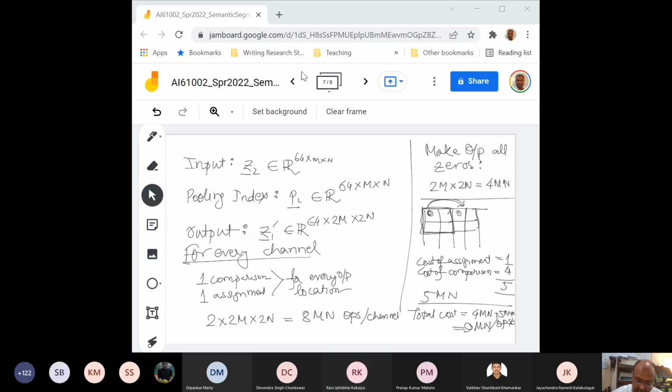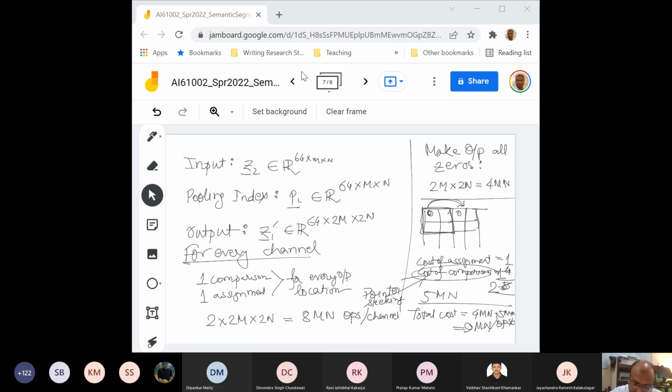So if I do this with the pointer seeking, then this cost will be 1, and this becomes 2mn.